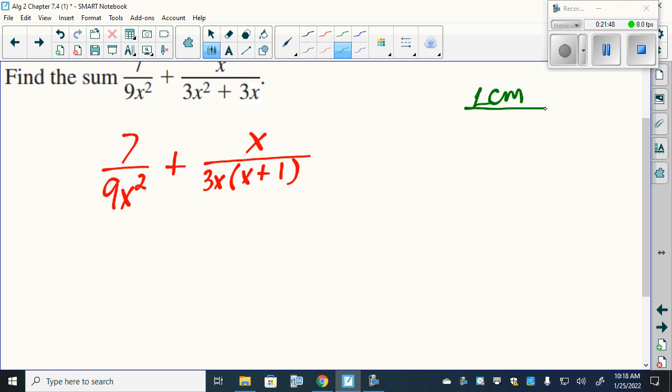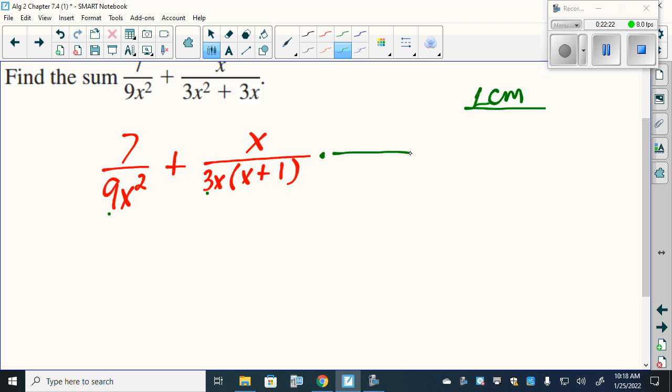So we can look at the least common multiple, but the big piece here is that we need the denominators to be the same. So here we have 9x squared, and the other we have 3x times x plus 1. So in one of them I do have a 9, the other I have a 3 up front, yes? So what do I need to do to the 3 to make it be the same as 9? So I need to multiply this by 3, yes?